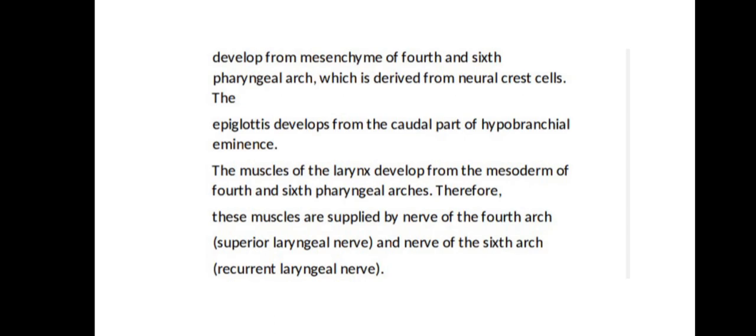They develop from the mesenchyme of the fourth and the sixth pharyngeal arch, except the epiglottis, which is derived from the neural crest cells. So the epiglottis is derived from the neural crest cells, while all the cartilages of the larynx, that is the thyroid, cricoid, cuneiform, and the other one, developed from mesenchyme of the fourth and the sixth pharyngeal arches. I told you that the fifth pharyngeal arch will regress or disappear.